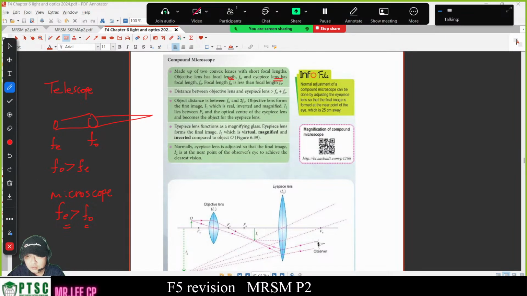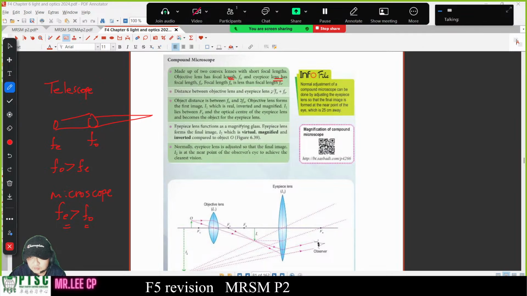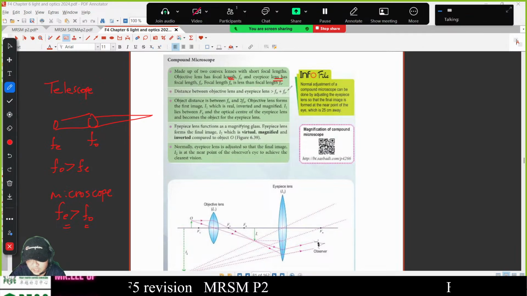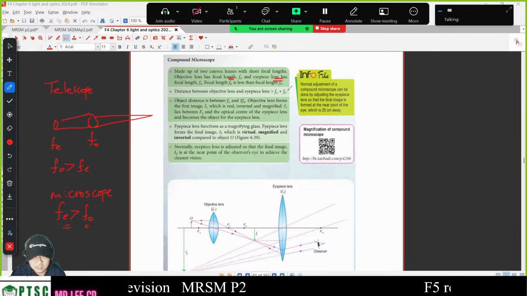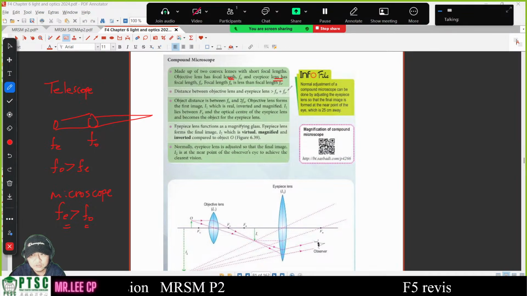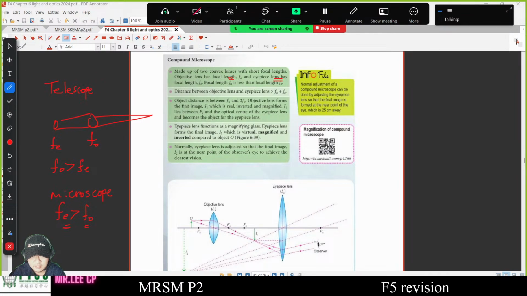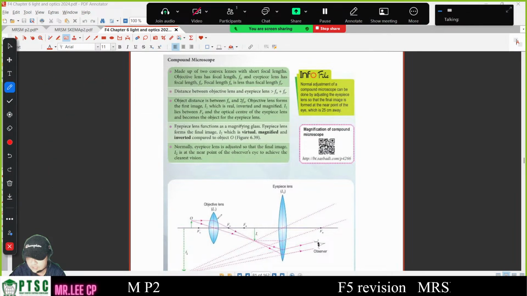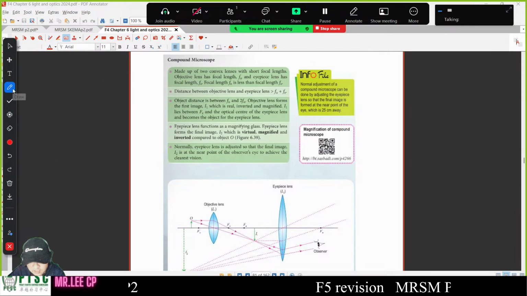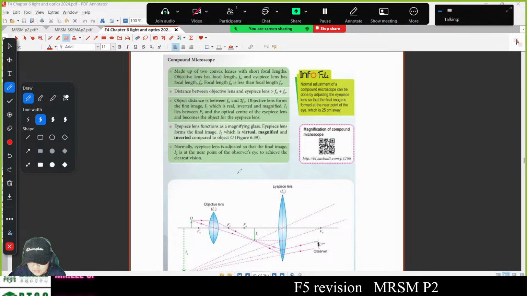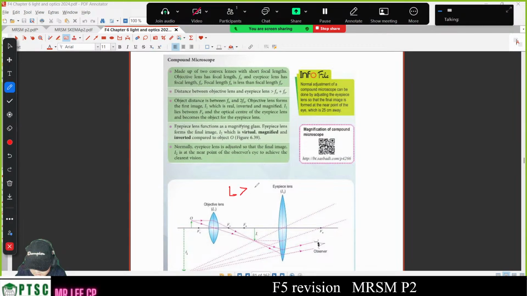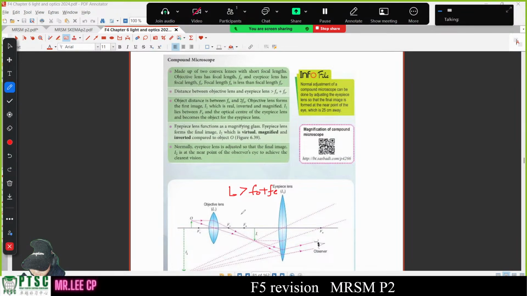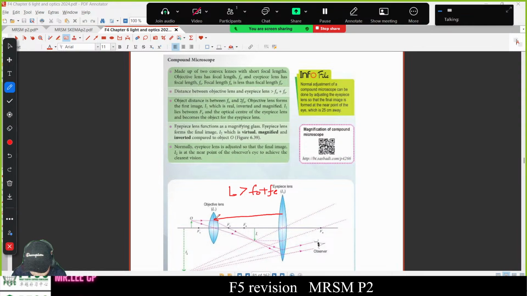Now this one is the distance between the lenses. It is more than FO plus FE. Normal adjustment, right? More than FO plus FE. The distance here plus here, meaning that L is more than FO plus FE, the distance from here to here.